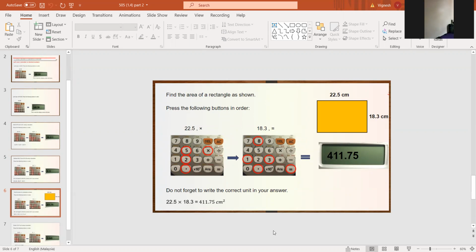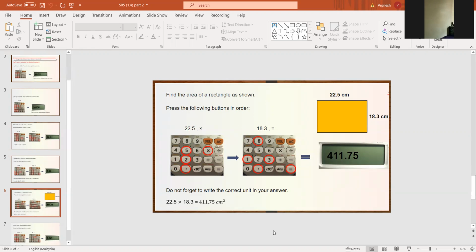For example, 22.5. Let's say you are moving the 1 decimal place to your right, correct? Yes. You will get 225. And same goes to 18.3. You are moving 1 decimal place only to your right to get 183, correct? Yes.